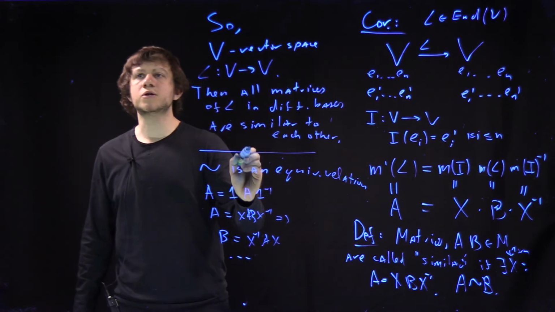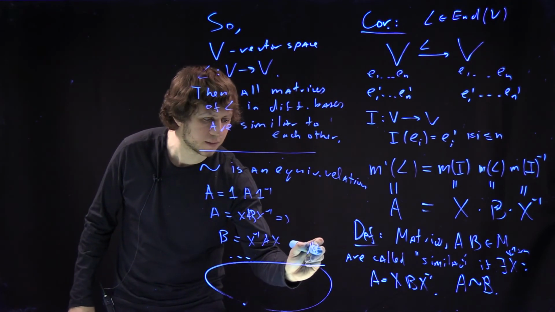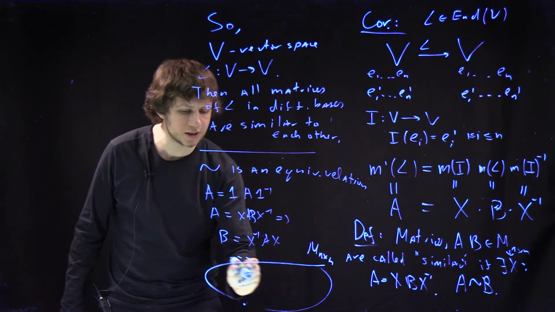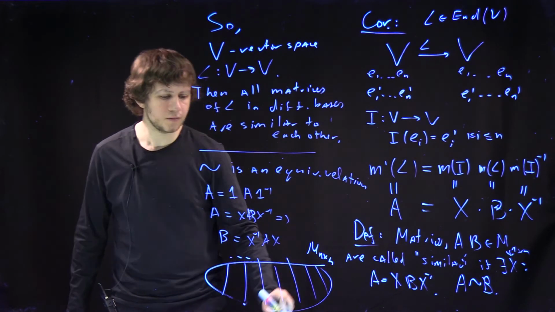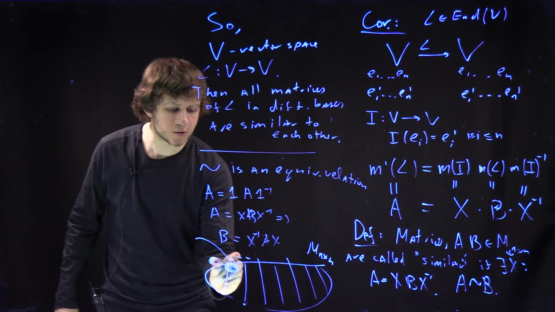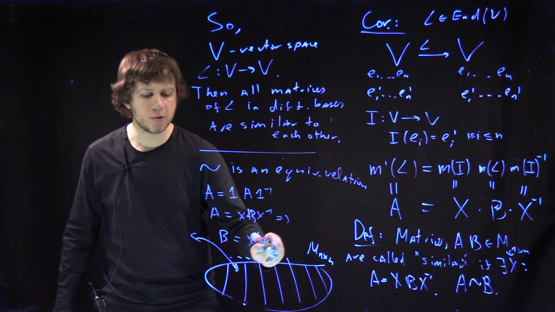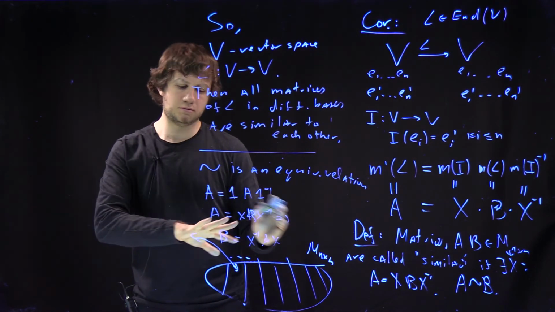Now you can take all the matrices, all n by n matrices, notice square matrices, and they are cut into classes of equivalence. What are these classes of equivalence? Classes of equivalence exactly correspond to linear maps in different bases.